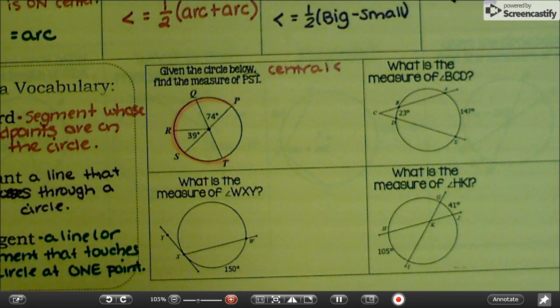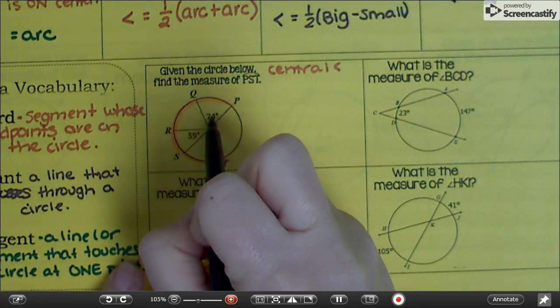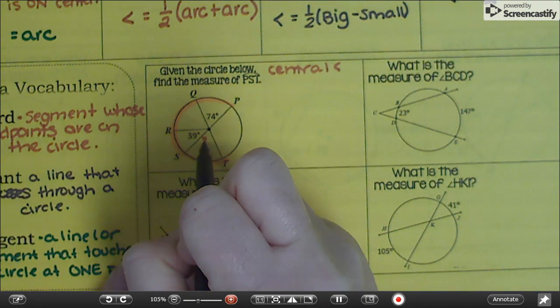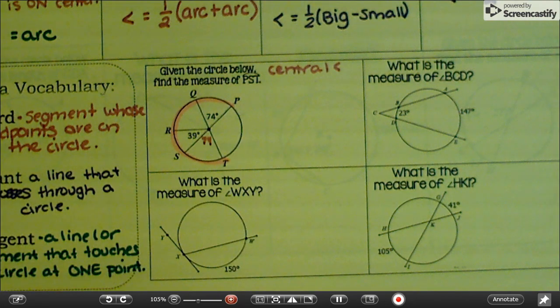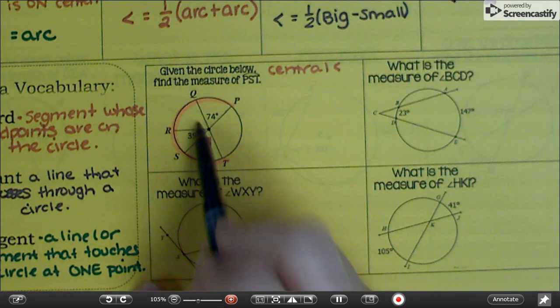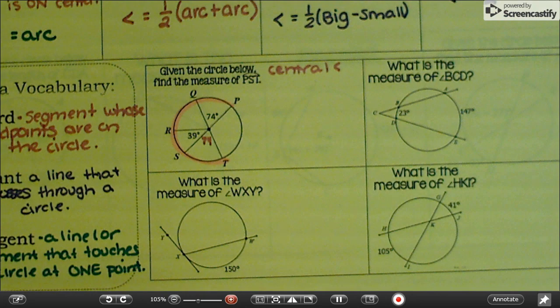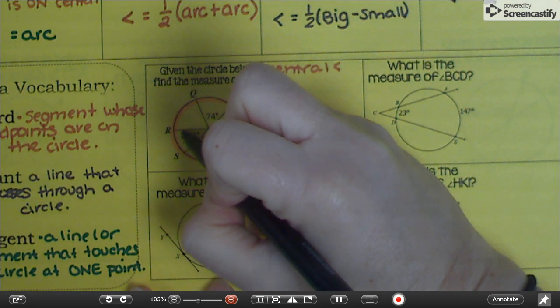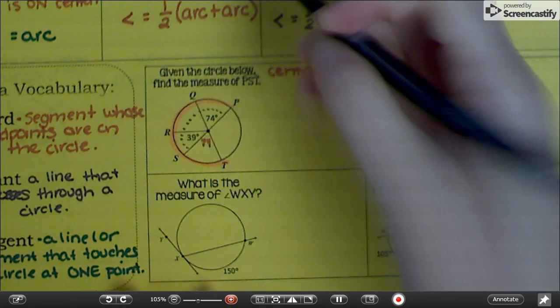To figure this out, we're going to look at the angles inside. We actually have, I hope you can see, this pair of vertical angles inside. So this one is actually 74 also, just because of vertical angles. And we know this one, so now we just have one missing piece. And you can figure this out a couple ways, but the way that I see it right off the bat is I see that these three angles form a straight line.